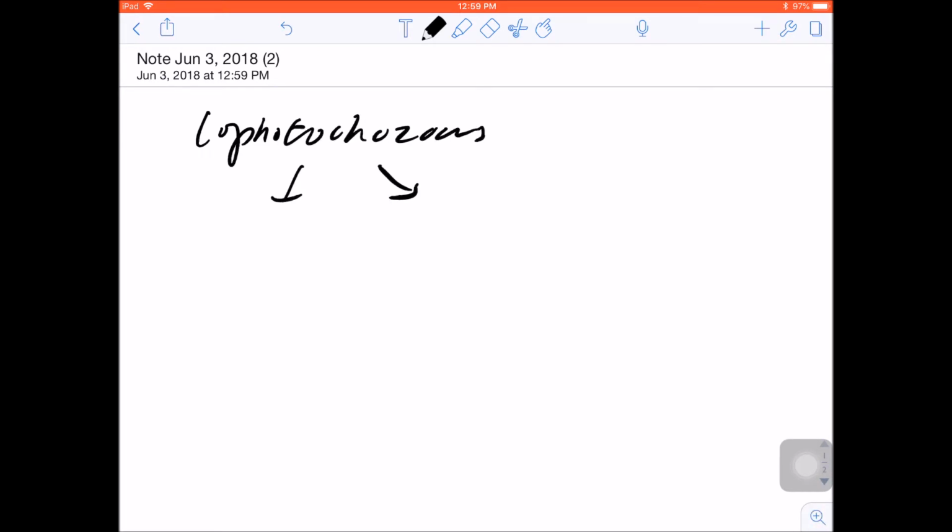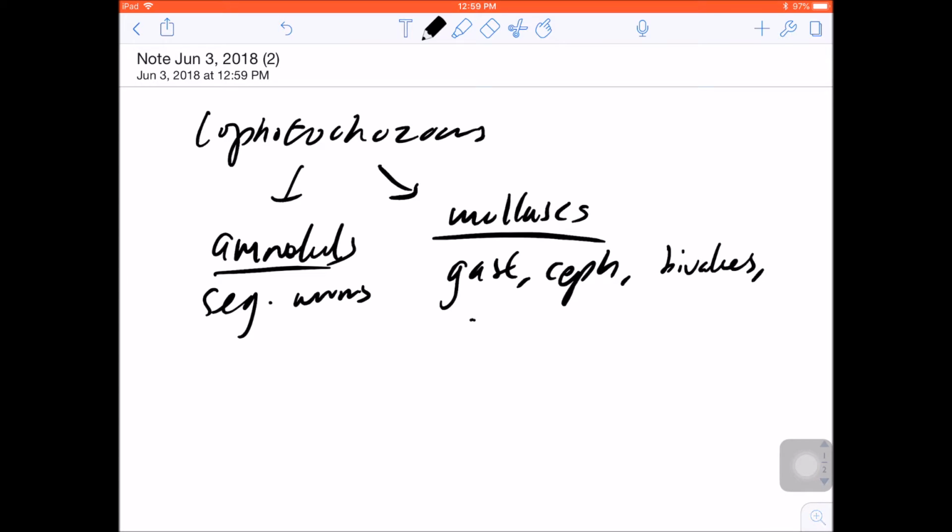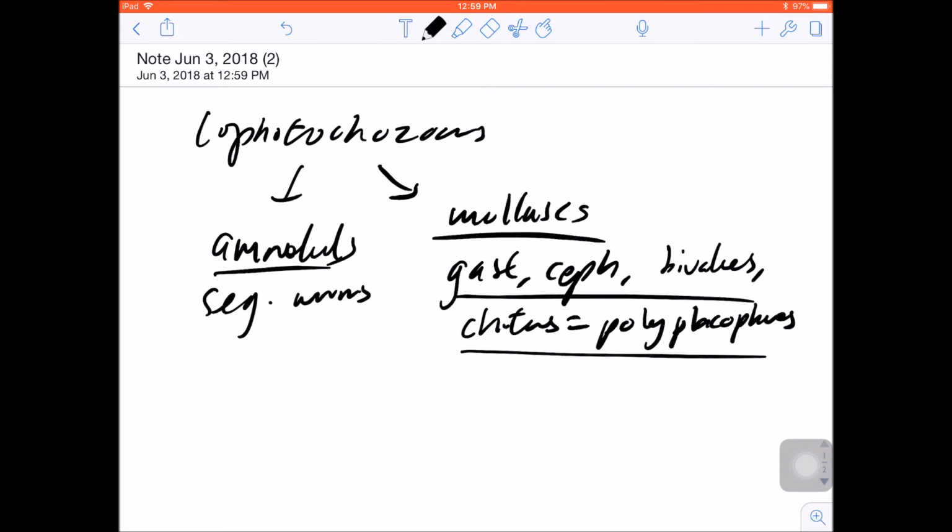So the two groups you need to know are the annelids, which are the segmented worms, and the mollusks, which are the gastropods, the snails, cephalopods, the octopi and the squid, bivalves, clams, and the chitons, which are the polyplacophores. So we'll get into those a little bit later.